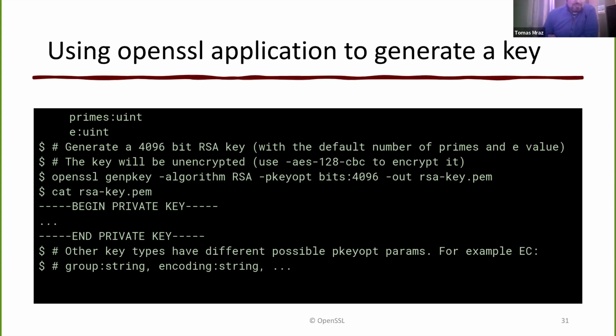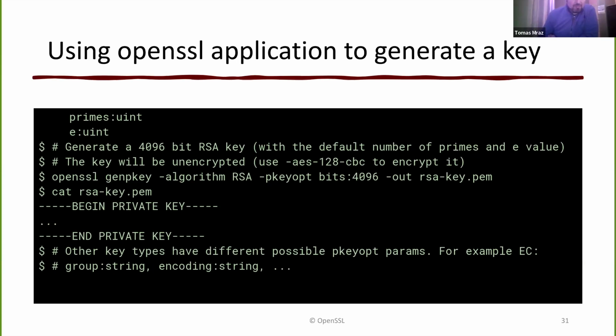So we want to generate a key that's 4096 bits long, with the default number of primes and e-value, and the key will be unencrypted. We can use -aes128-cbc, for example, as the name of the algorithm to encrypt it with, but we don't do it here.